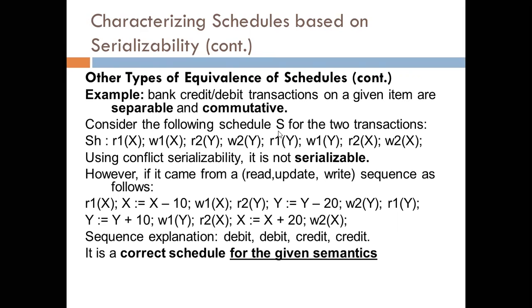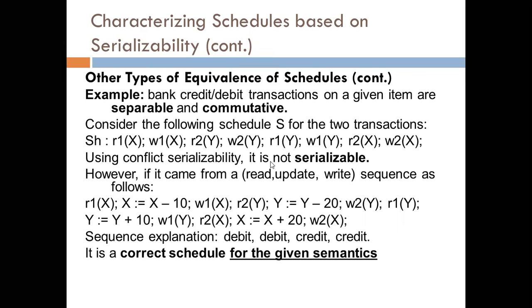Consider the following schedule for two transactions: read X, write X, read Y, write Y, then read Y, write Y, read X, and write X. Using conflict serializability, this is not serializable.